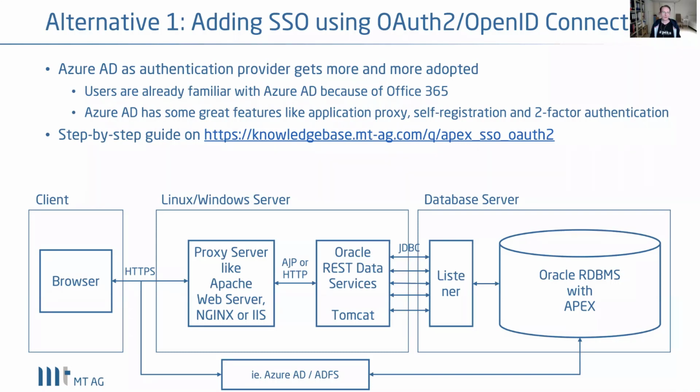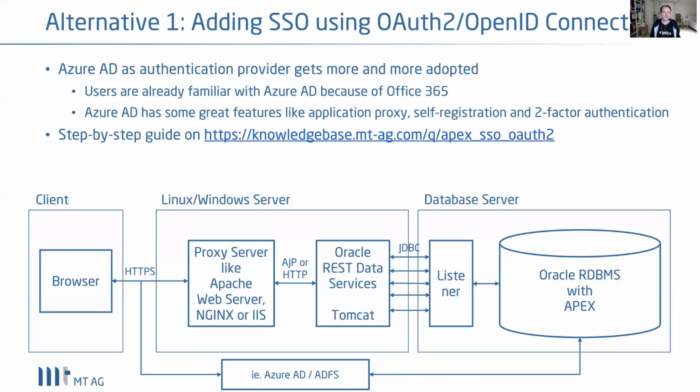Why is this? I see a change over the years. A lot of customers are adopting Azure Active Directory right now because of Office 365. So they are already familiar with the log-on process of Microsoft Azure AD. They might also have features enabled in that Azure cloud environment, like application proxy, self-registration, or two-factor authentication, which is getting more and more common.